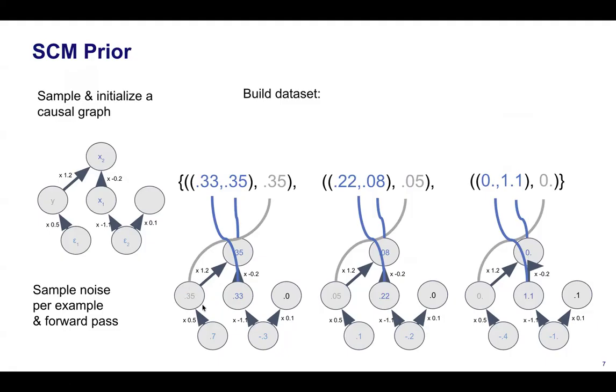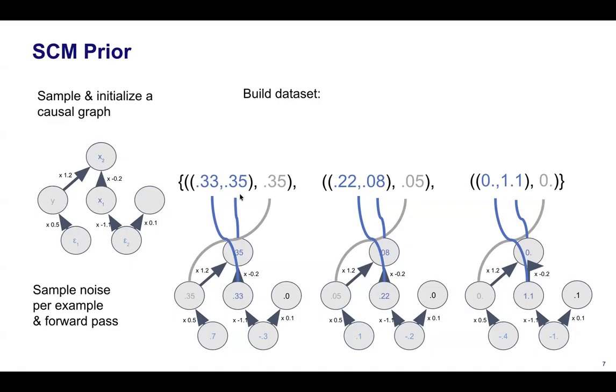And we just keep propagating throughout the graph to actually compute the values. And once we have the values computed for each node, we can then look at which nodes were the features and the target, in this case x1 and x2 here. So we know the features would be 0.33 and 0.35, and the target would be 0.35.